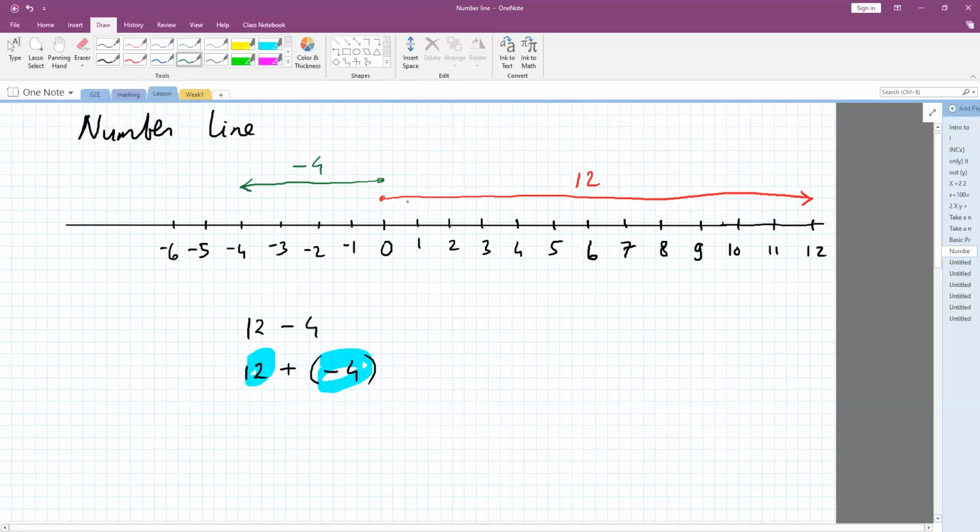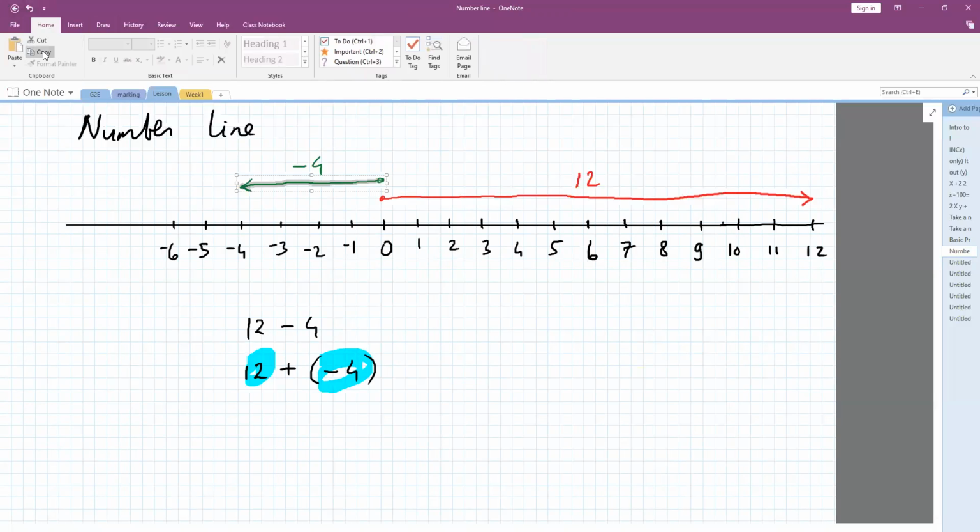So basically, if you have a positive number, you have an arrow going to the right. But if you have a negative number, you have an arrow going to the left. Now, let's suppose you move the green arrow.